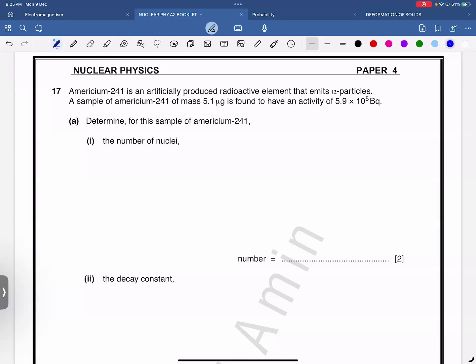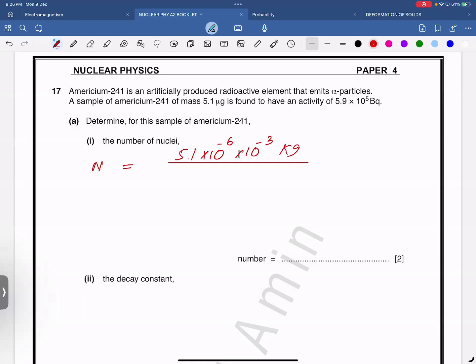Americium. Americium-241 is artificially produced, a radioactive element that emits alpha particles. A sample of the americium of mass 5.1 microgram is found to have this activity. It's easy. Can you do? Find the number of atoms: the total mass divided by the mass of each. So total mass how much? 5.1 micrograms.